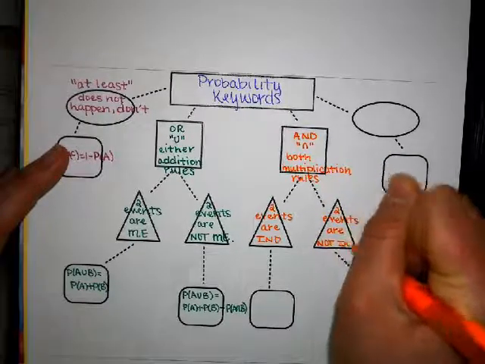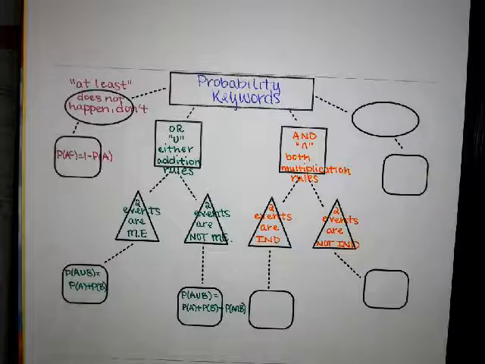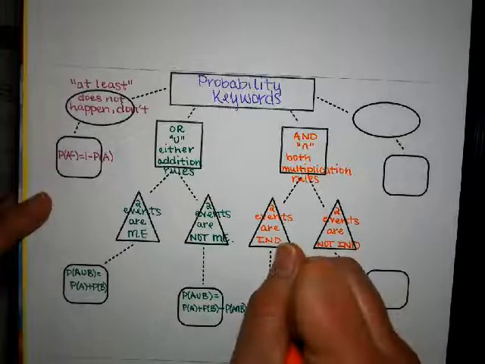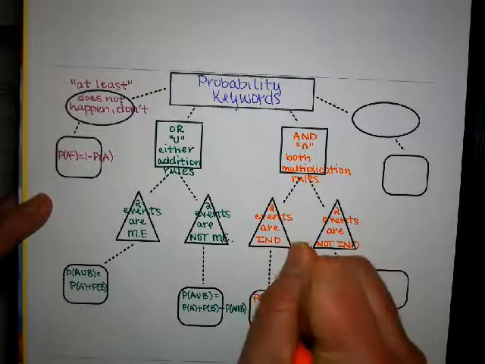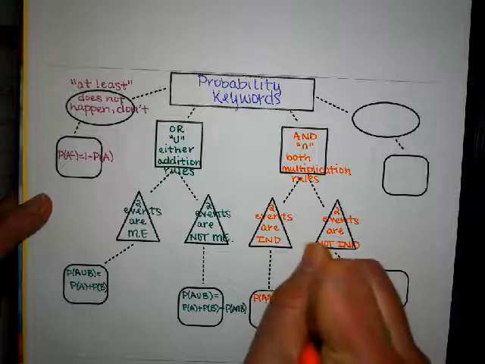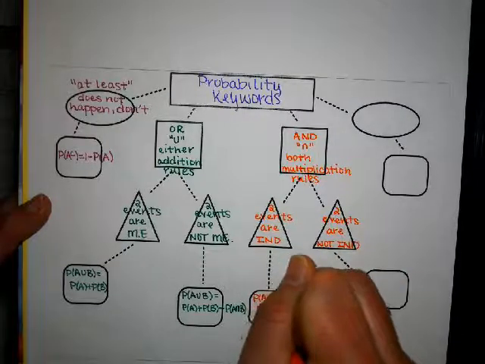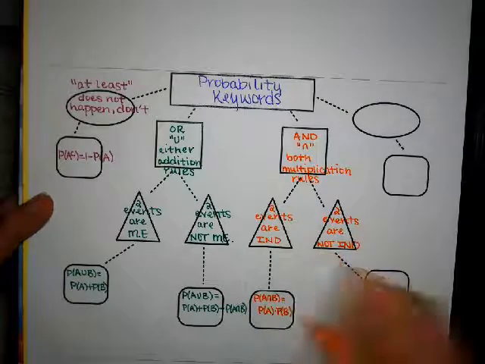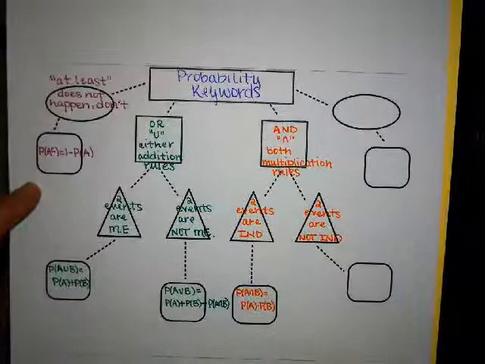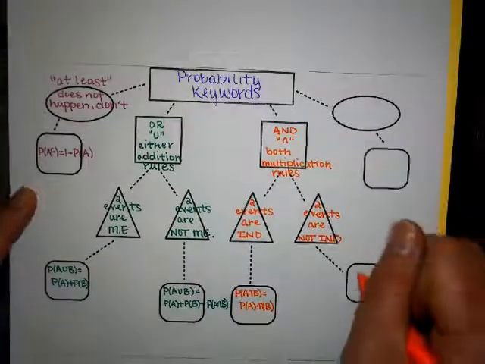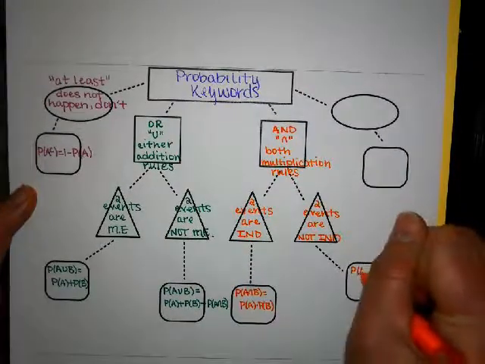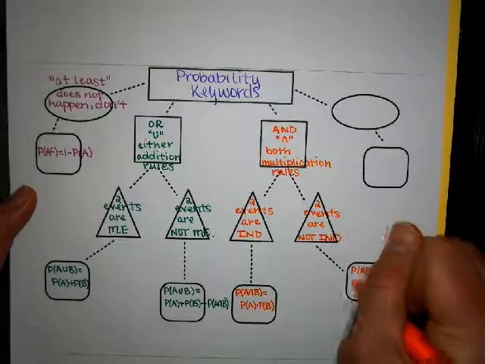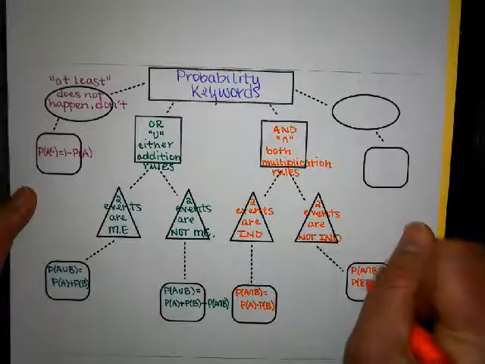If the two events are independent, the probability of A and B happening is found by the probability of A times the probability of B. If they are not independent, the probability of A and B is found by the probability of B given A happened times the probability of A.